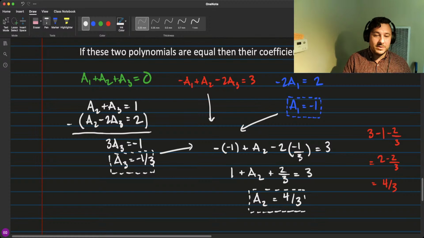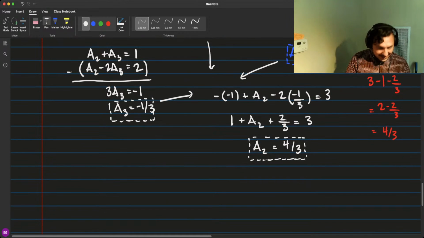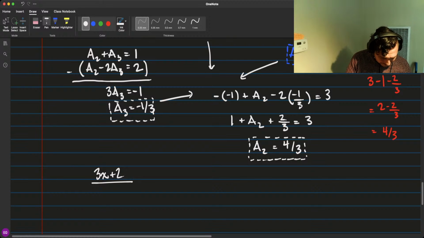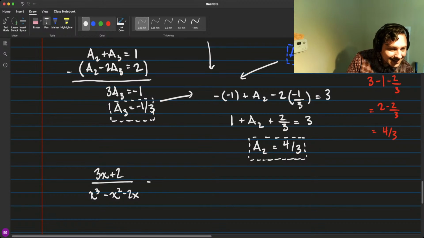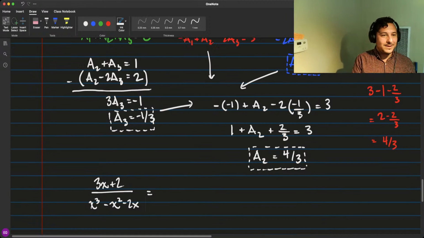And now you have your partial fraction decomposition. Apparently, 3x plus 2 over x cubed minus x squared minus 2x is equal to, and we had this set up.